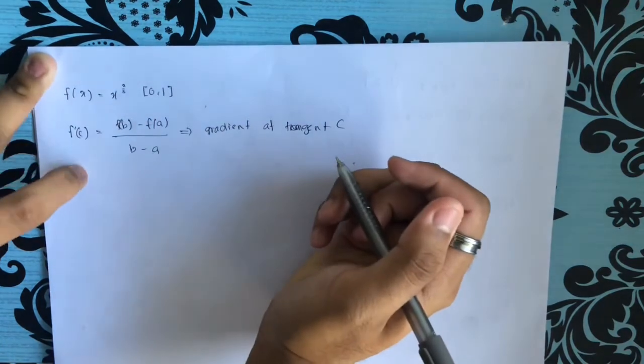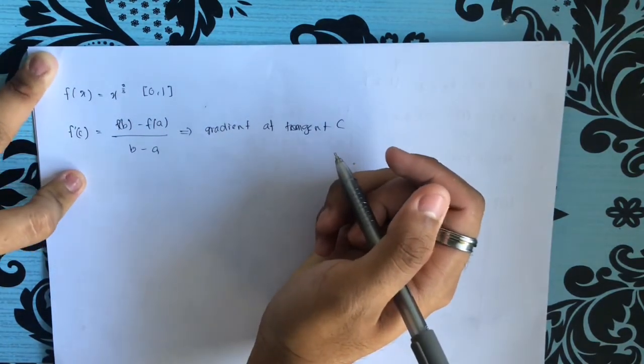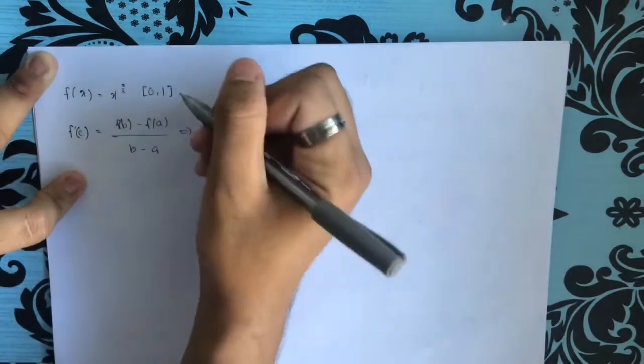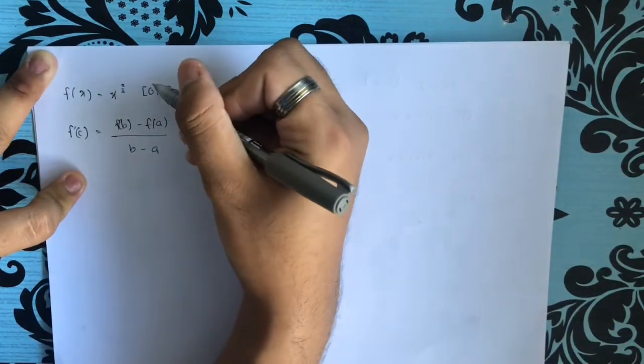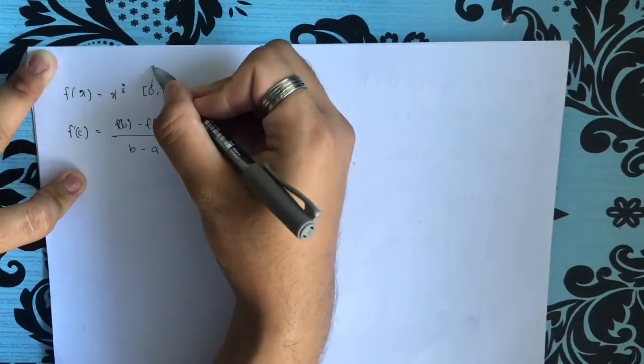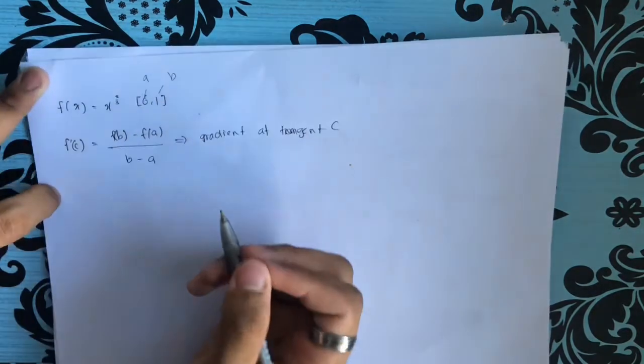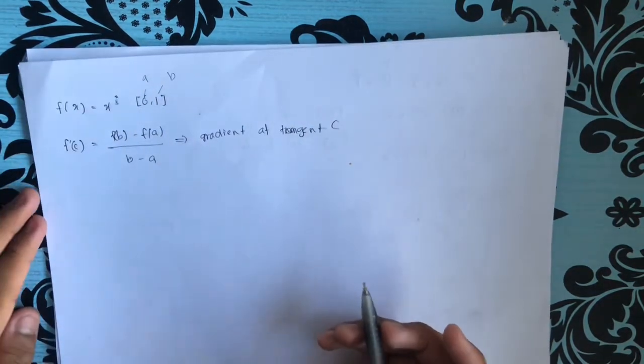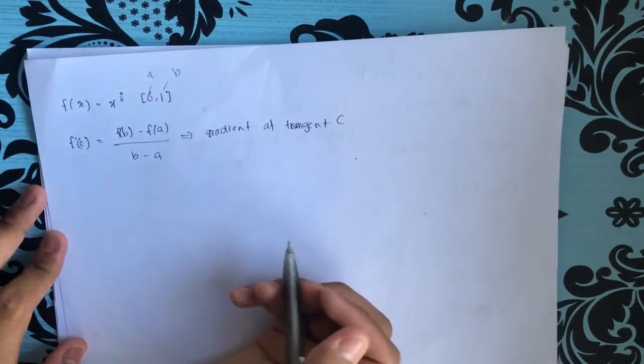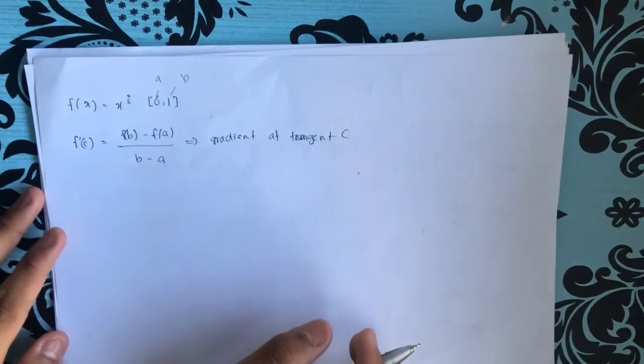Okay, so we need to find f prime c first. It is given the interval 0 to 1, so this is a, this is b. We just put the values into the formula.